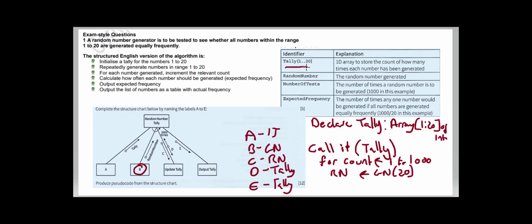Then what we want to do is run this. So call update tally. And what we want to store in it are these two parameters, random number and tally. So rn, tally.